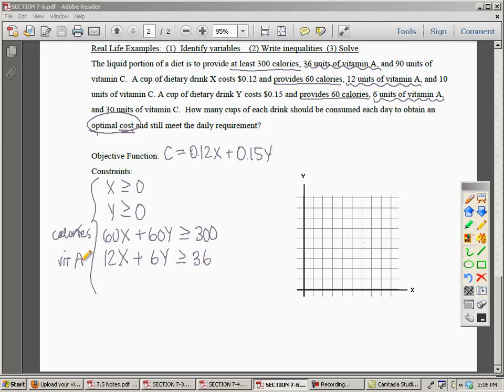So this is vitamin A. What's our last one? Vitamin C. Okay, vitamin C, let's see how much. We have to have 90 units total, 10 units in X, and 30 units in Y. So 10 in X, 30 in Y has to be at least 90 units of vitamin C.